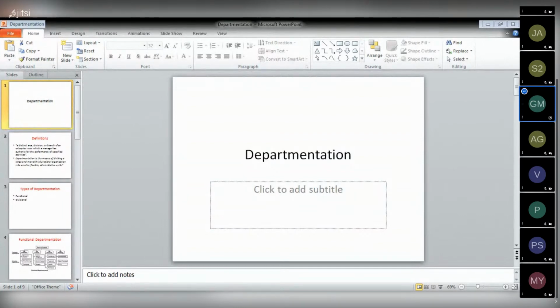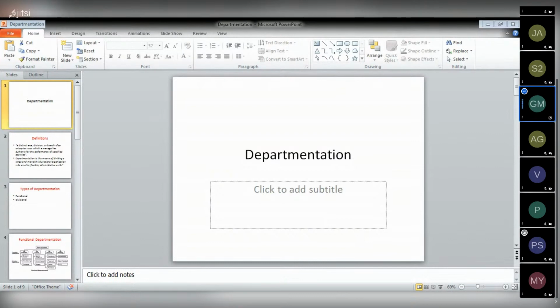So, before getting into departmentation, organizing is one of the important functions of management. As a manager, what you have to do is manage and organize your team well so that they can achieve the goals of the organization.